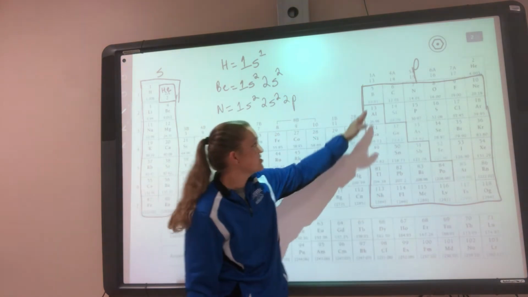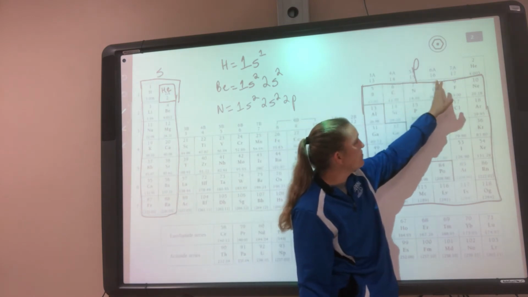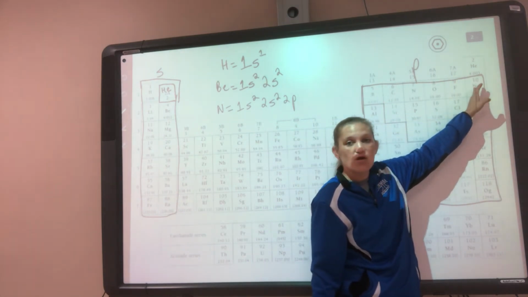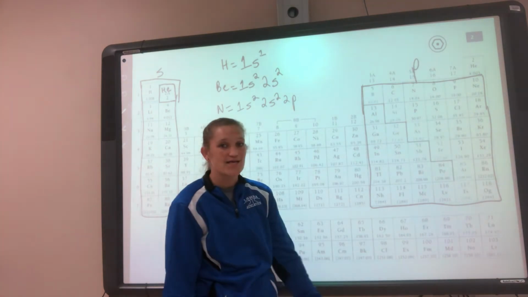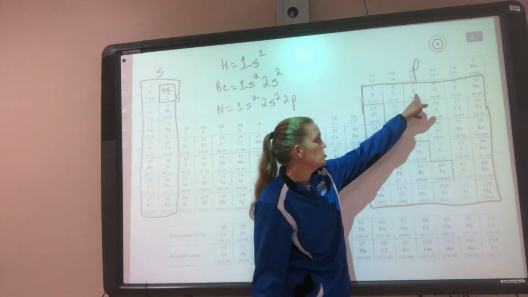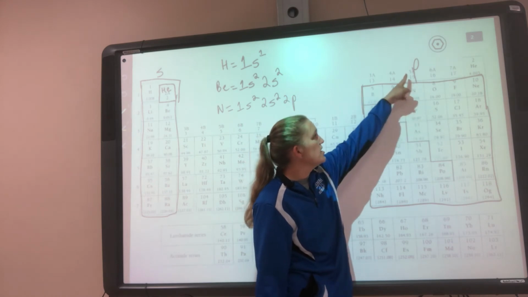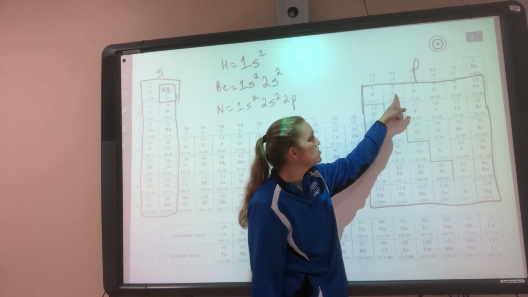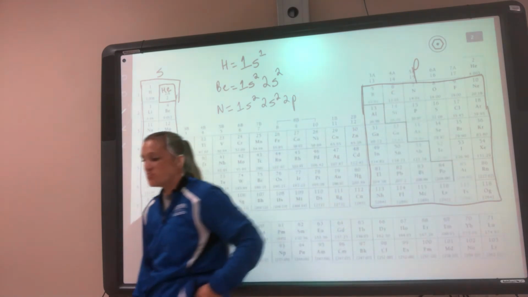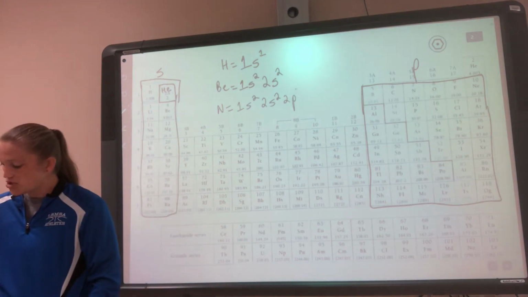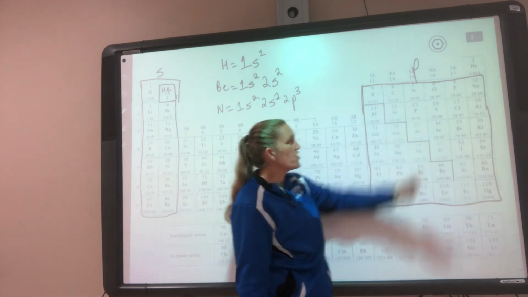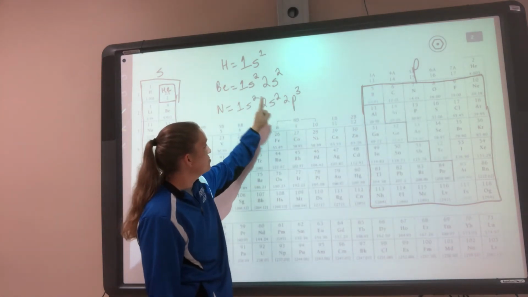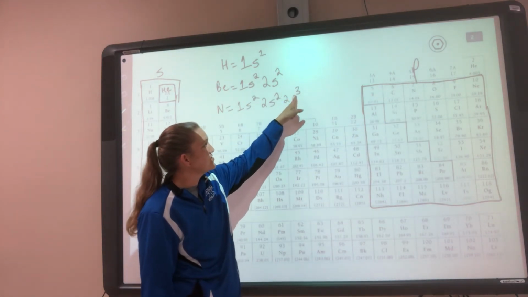So that's why there are 6 electrons, 1, 2, 3, 4, 5, 6, that can be in a P. But I don't need to put all 6. I only need to get to nitrogen. So I know I'm in the 2P, and I say 1, 2, 3. I just put in 3 so that I can get to nitrogen. And then I can check. Nitrogen has an atomic number of 7, so I should have 1, 2, 3, 4, 5, 6, 7.